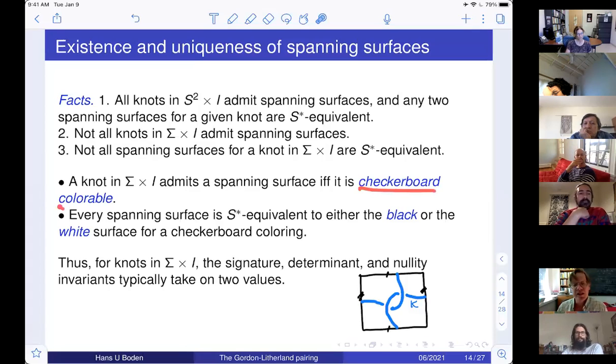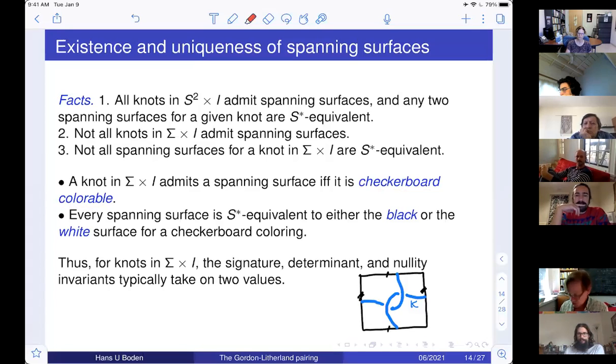Let me define what it means to be checkerboard colorable. It's the usual notion. I can checkerboard color the complement of the knot diagram in the surface so that the colors alternate, say black and white, and no two regions of the same color are adjacent. Below here is meant to be a picture of a knot in the torus.